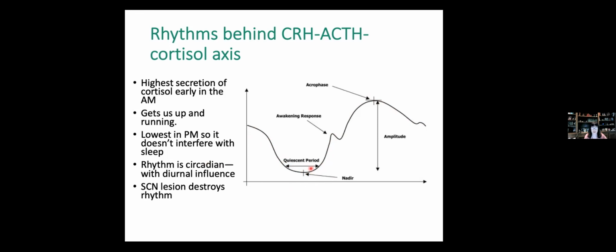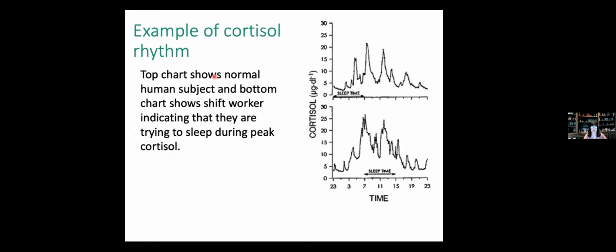But what is interesting, what happens to somebody who is a shift worker? So here's a normal sleep time, and you see the cortisol rhythms are low, and then they're high during the day, right here. But what happens if the person is working at night and sleeping during the day?